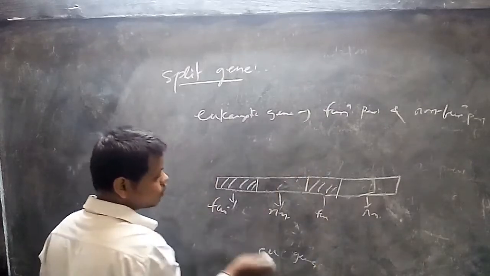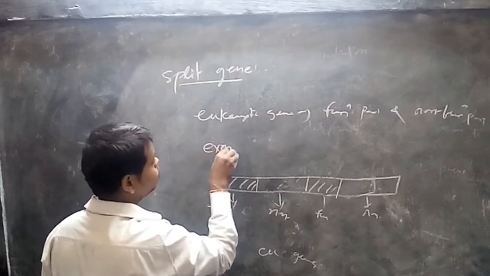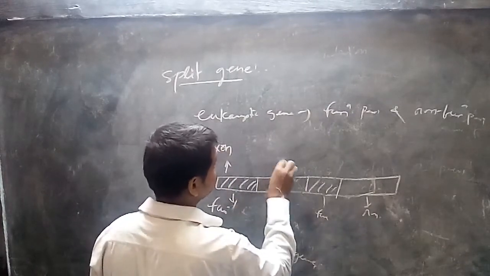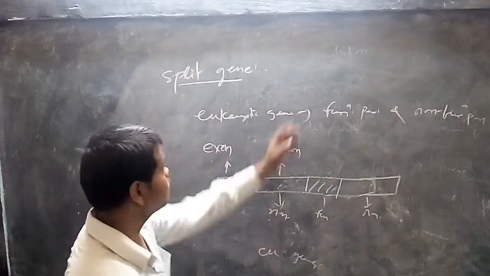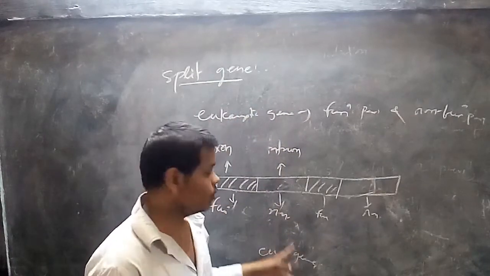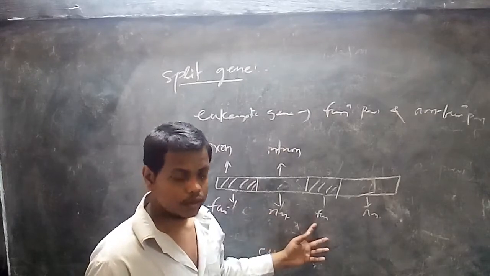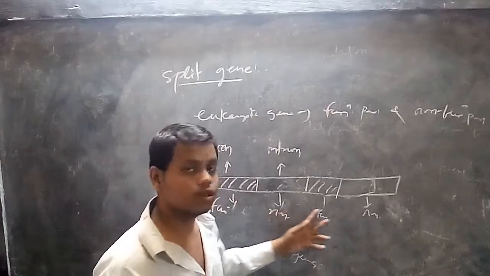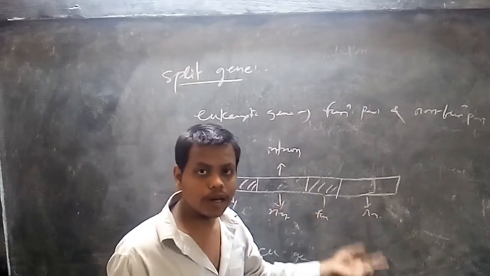The functional part of the eukaryotic gene is called exon, EXON, and the non-functional part is called intron, INTRON. So a split gene refers to a gene consisting of functional and non-functional parts present alternately, one after another.